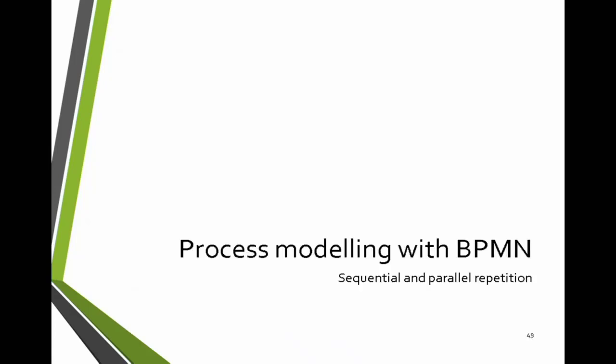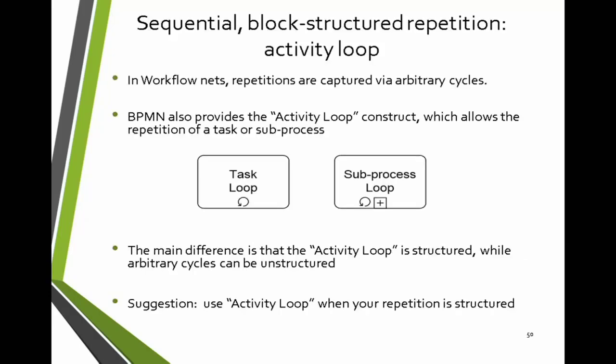All right, and the final part for today is a bit more information regarding sequential or parallel repetition. So iterations at the level of a single activity or sub-process, or in parallel, also at the level of an activity or a sub-process. So let's look at sequential repetition.